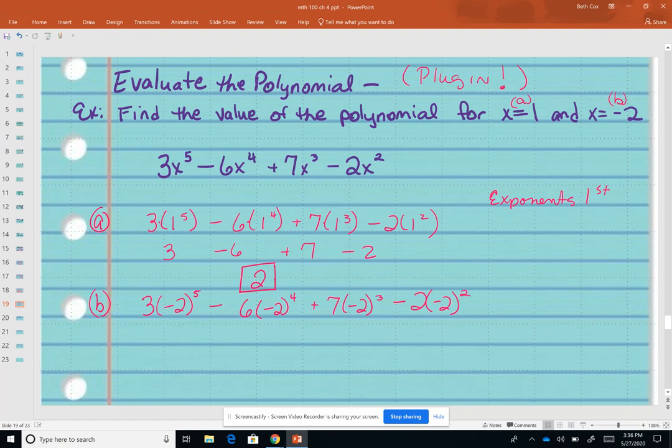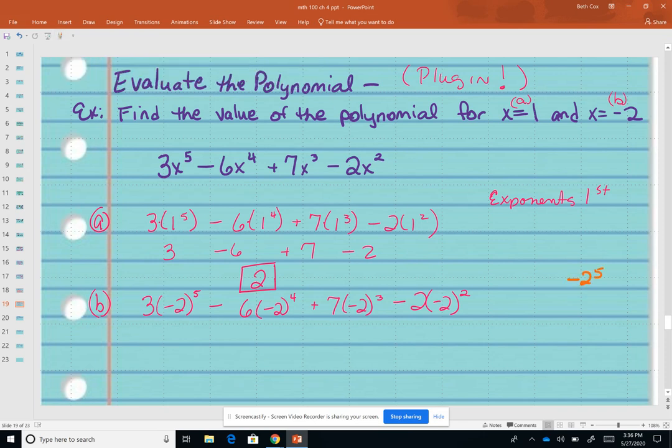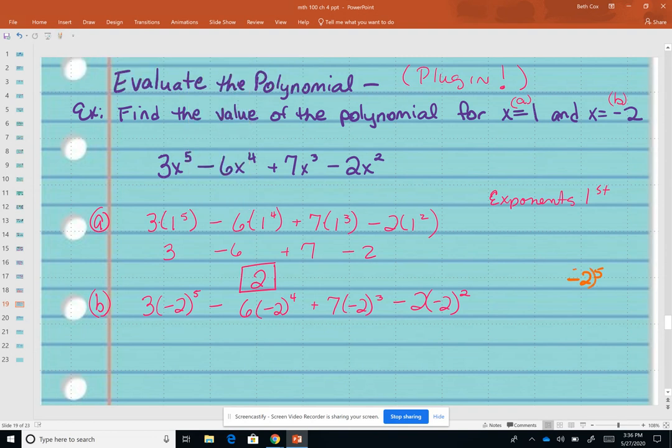Again, we're going to do the exponents first. Working with these exponents, negative 2 to the 5th power is the first thing I have to do. Negative 2 to the 5th power is negative 2 times negative 2 times negative 2 times negative 2 times negative 2.